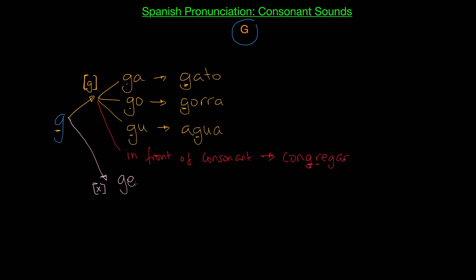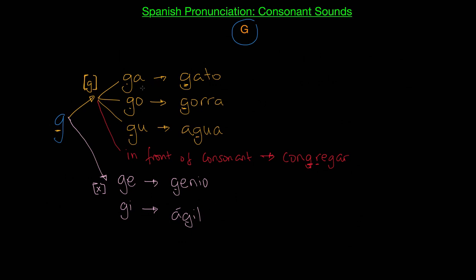It's in front of e, ge, or in front of i, gi. So we can find this in genio, for example, and we can find this in a word like, for example, ágil. Genio means genie, ágil means agile.